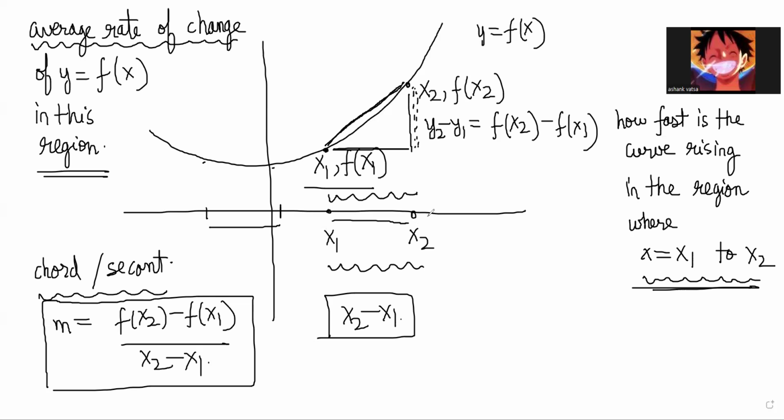This is like saying, suppose you went from Delhi to Gurgaon in 3 hours, right? Then you would calculate an average speed for your journey. That will be the total distance by total time, correct?